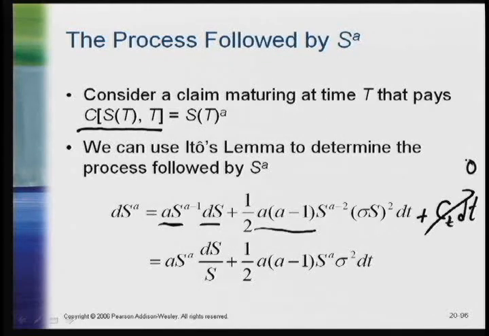And then we can implement this. You notice we have a dS here. We can calculate the sigma S squared, just multiply it out, factor it through, and we get this final expression: the process followed by S to the A has, first of all, a multiple of the process dS over S that includes both a dt and a dz term, and then it has an additional drift term that comes out of the second derivative.